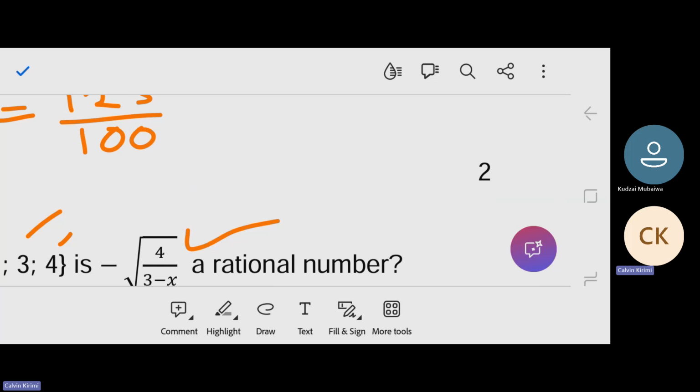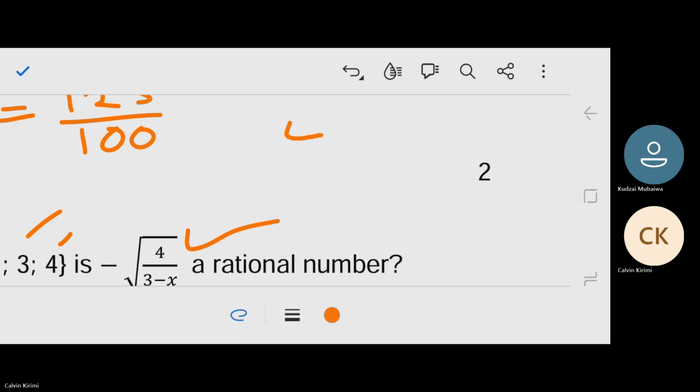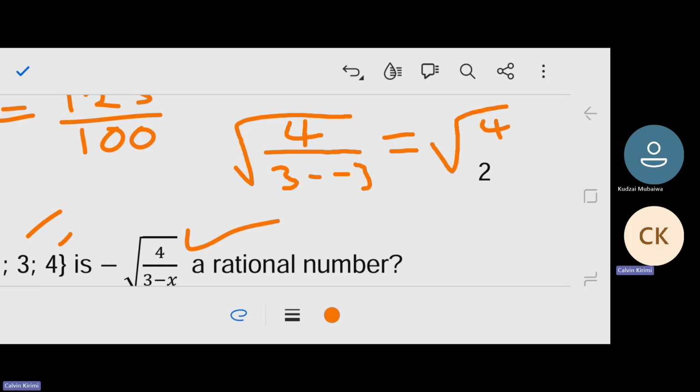Root of 4 over 3 minus -3, which means root of 4 over 6. What are you getting?